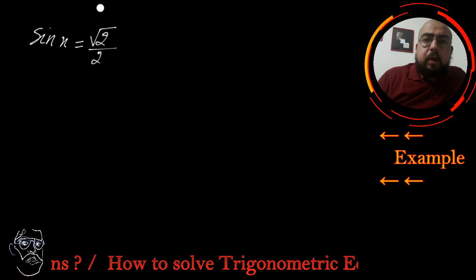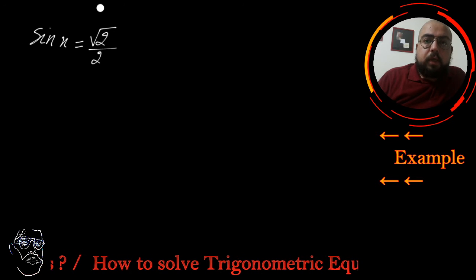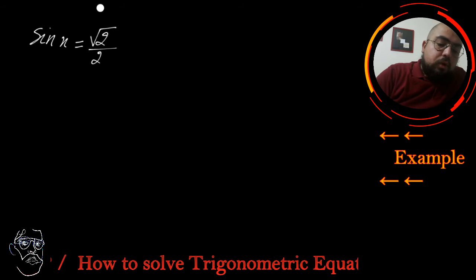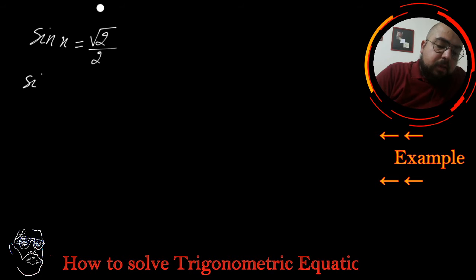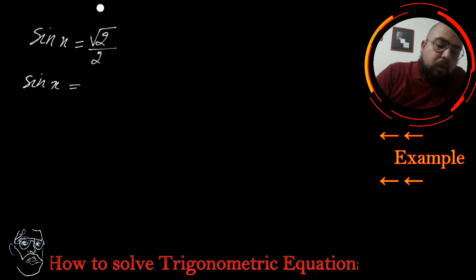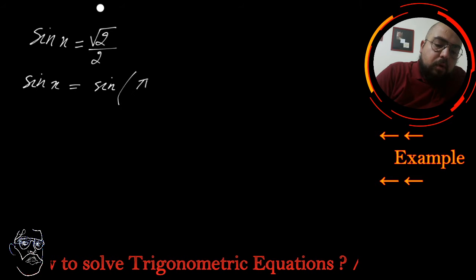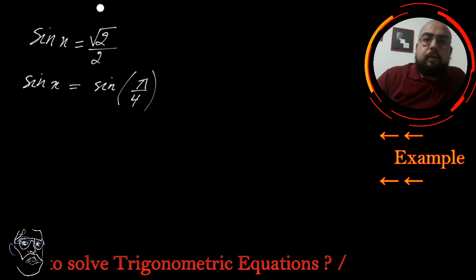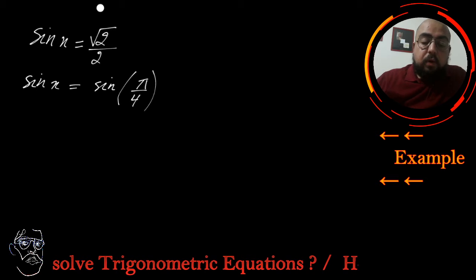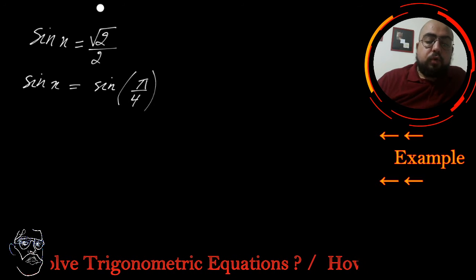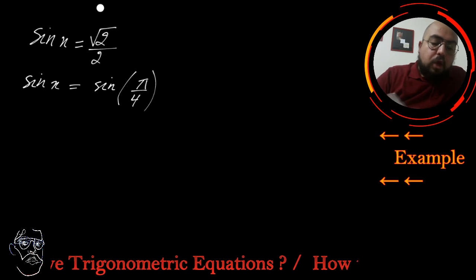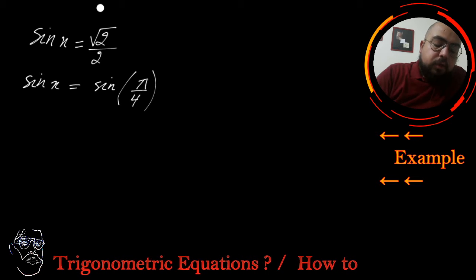It's a particular angle in this case, so you don't have to use your calculator. You simply say that sine x is equal to sine of pi over 4. The angle for which sine is square root of 2 over 2 is pi over 4. So automatically you will have your solutions.